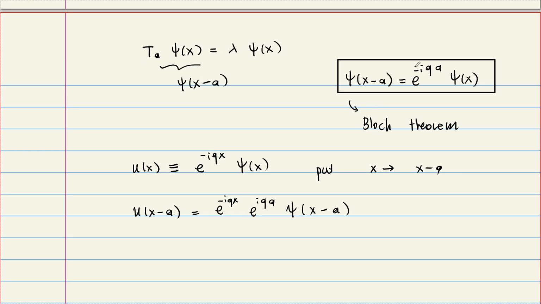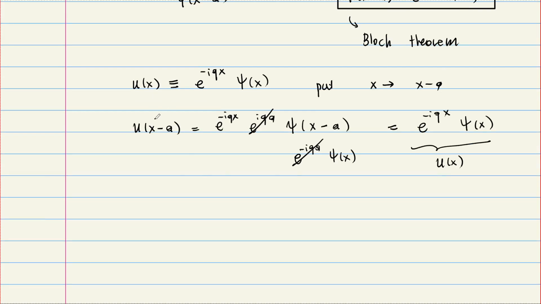Good. Now I use this: wherever I see ψ of x minus a, I just write e to the minus i q a ψ of x, and this one is going to cancel, and I have e to the minus i q x ψ of x. I look at this, e to the minus i q x times ψ of x, which I just defined here. So this is u of x.